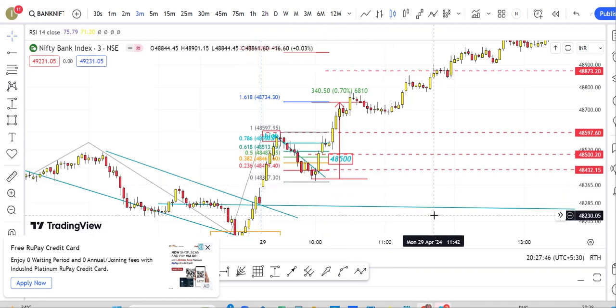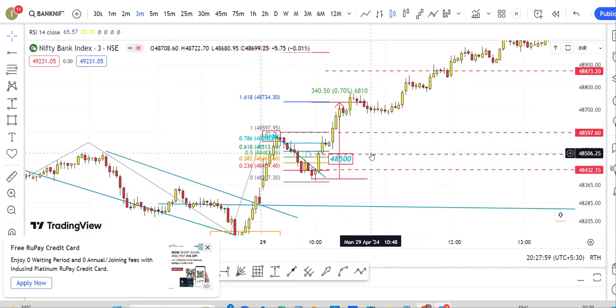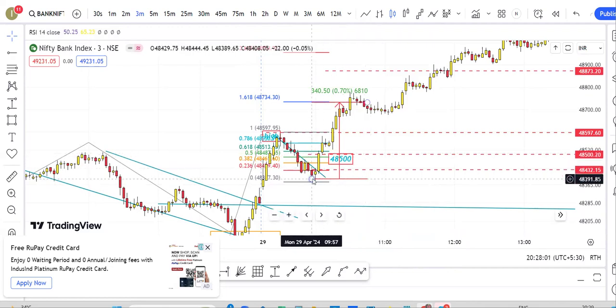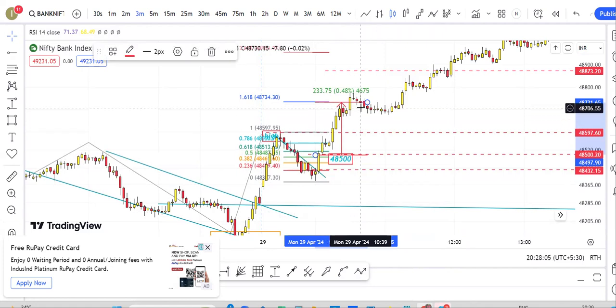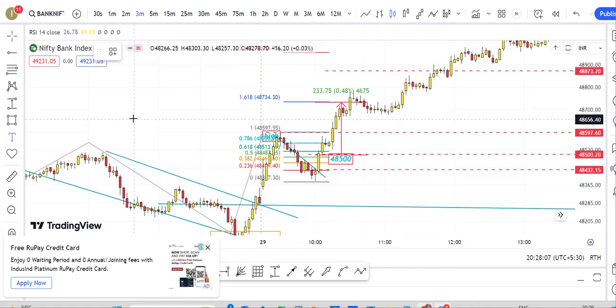Say, for example, you have selected the call option to go long. Which call option are you taking? So you have selected the 48,500 call option. I don't know the price. Suppose you have entered here at 48,506. After the confirmation, you are anticipating 233 points.